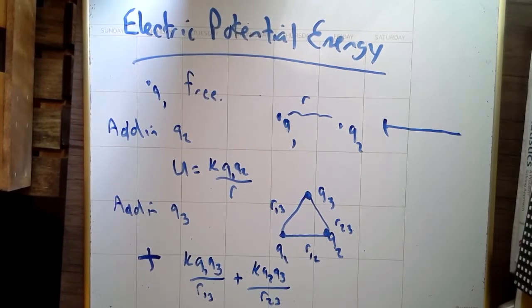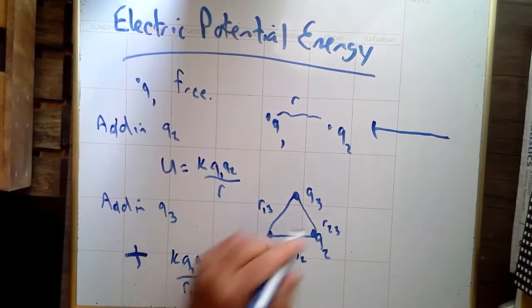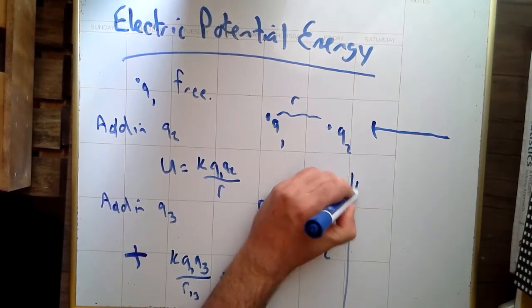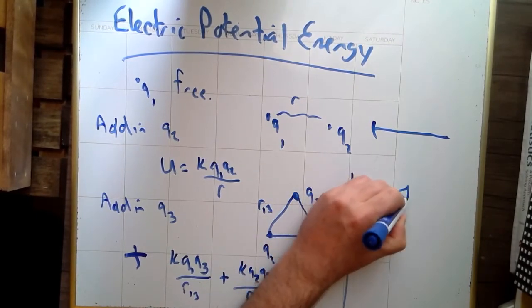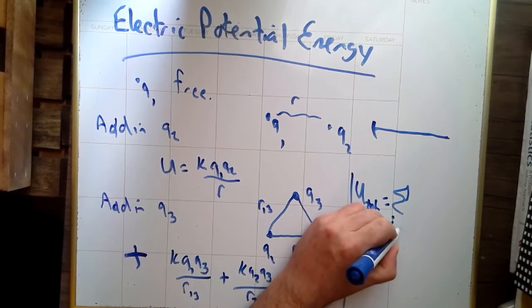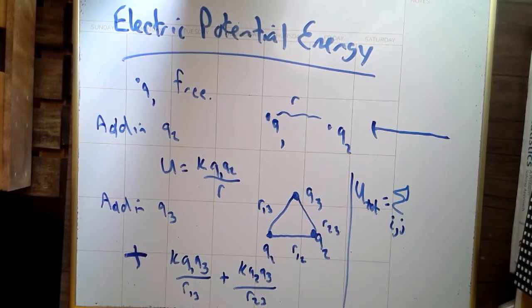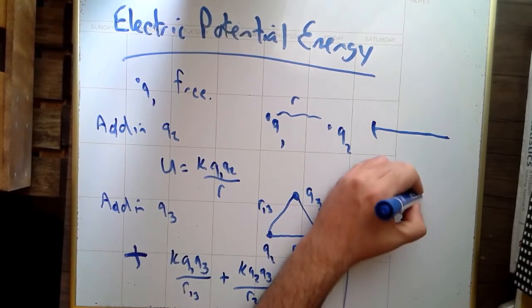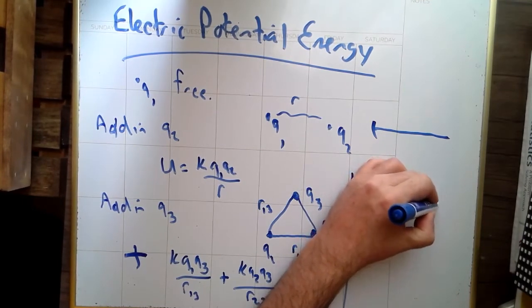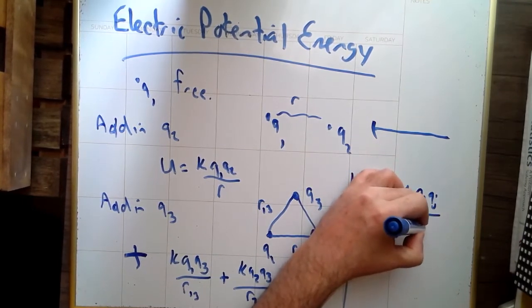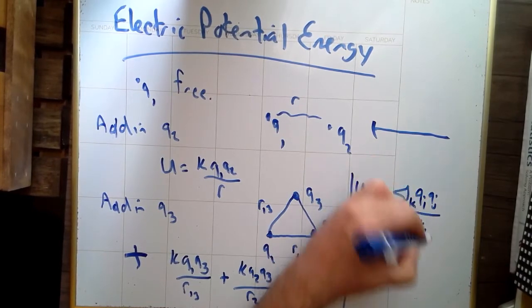So when you're bringing in a whole bunch of charges, the total energy, U total, will be the sum over all possible pairs, i and j, of k qi qj over their distance. I can't forget my k there.